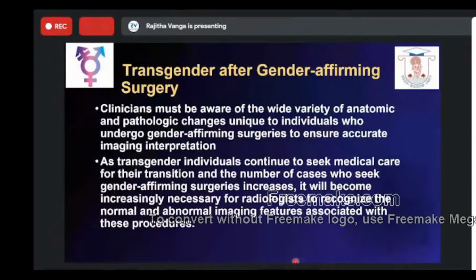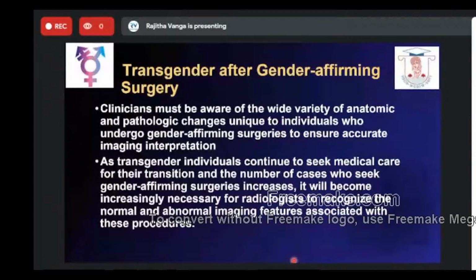One thing the clinicians must be aware of is the wide variety of anatomic and pathologic changes which are unique to individuals who undergo gender affirming surgeries, to ensure accurate imaging interpretation.